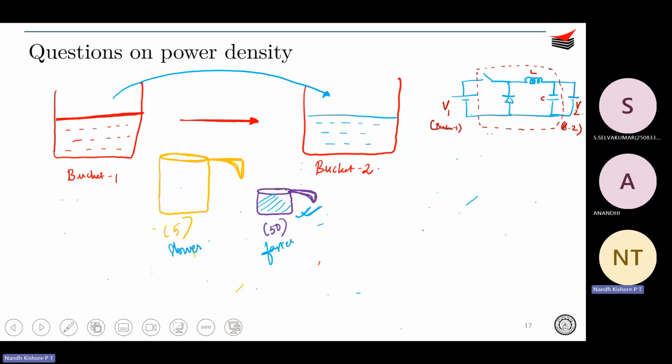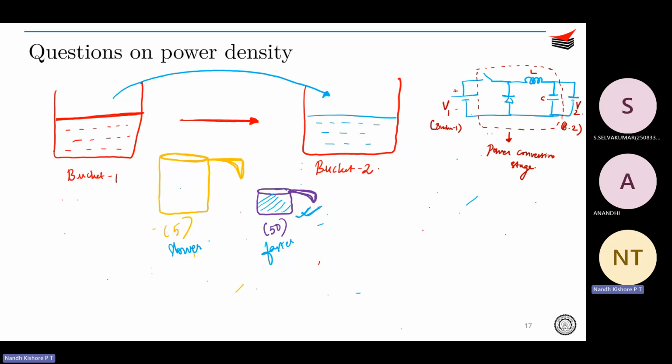So you want to transfer energy from one battery to the other battery at the load, from V1 to V2, right? And this is the power conversion stage. How are you doing power conversion? You are using energy storage elements like L and C. So over here, the mug is the water storage element. Similarly, you apply the same analogy over here.